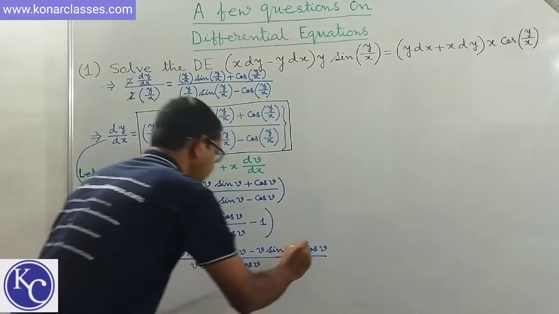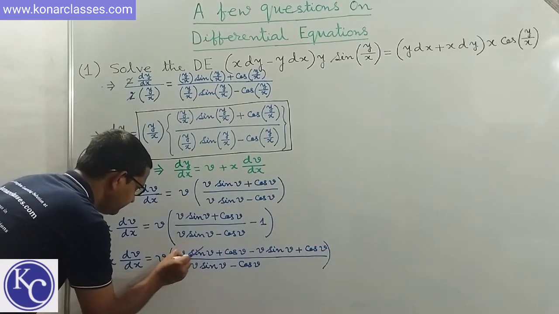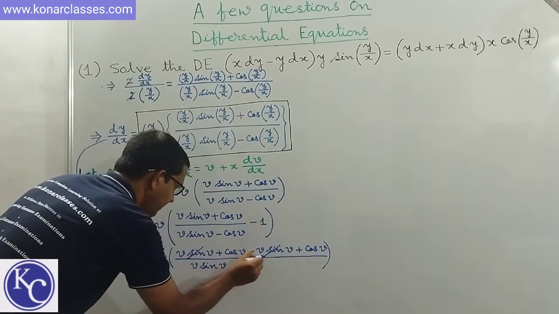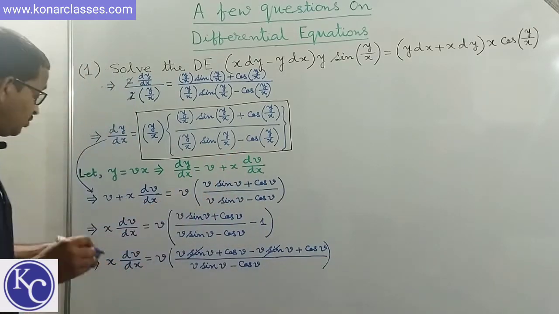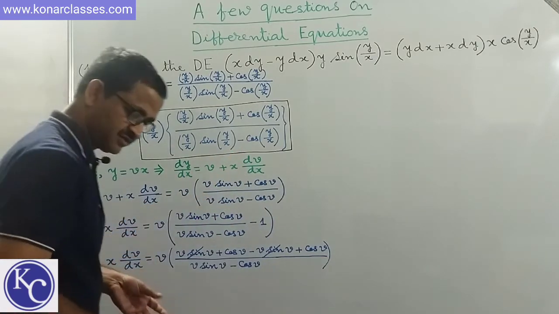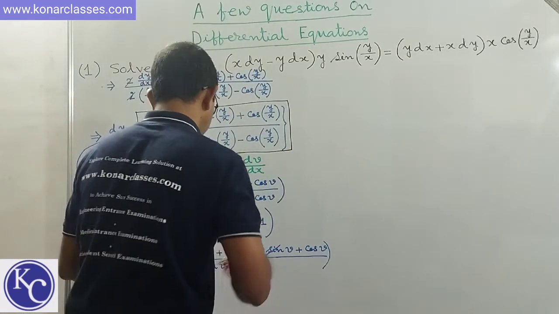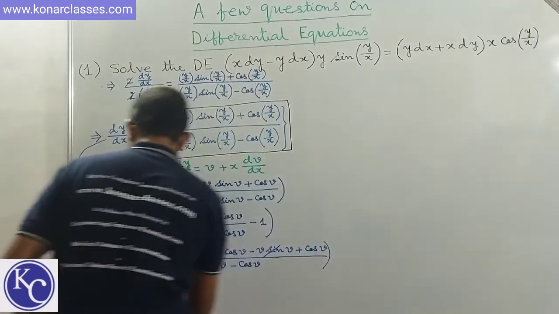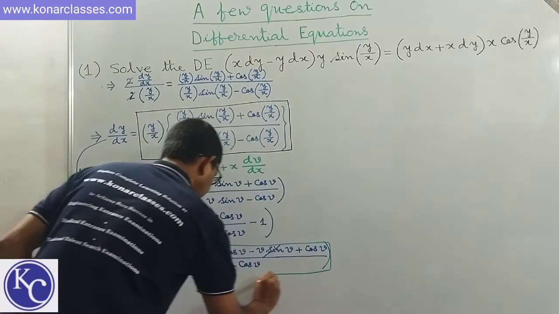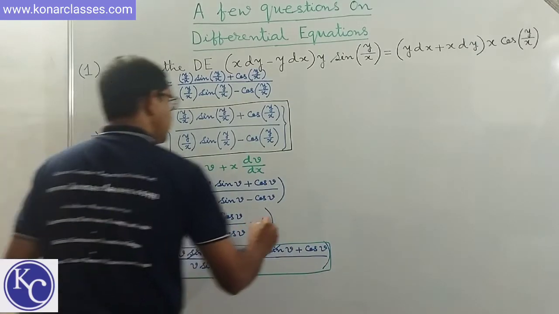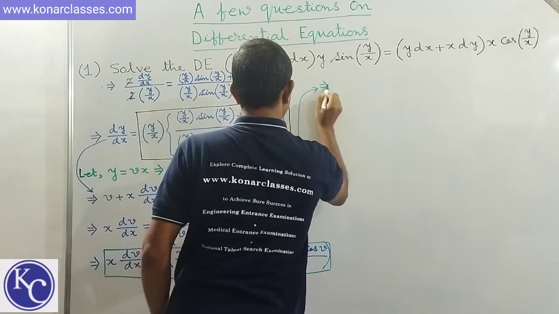Now if we look into the right hand side, dear students, we see that v sin v and minus v sin v will get cancelled, and cos v plus cos v will become 2 cos v in the numerator on the right hand side. So this implies what?